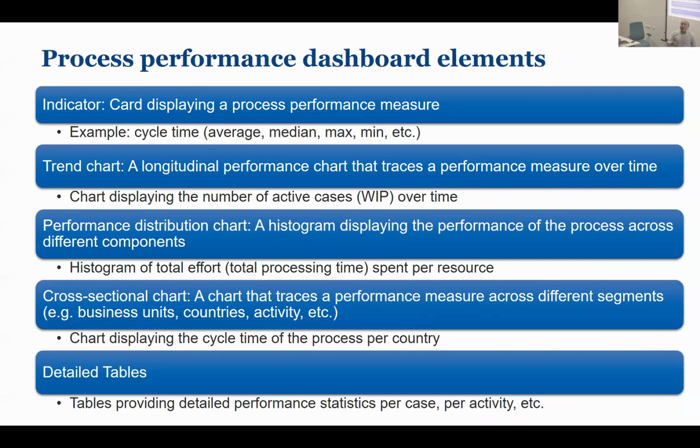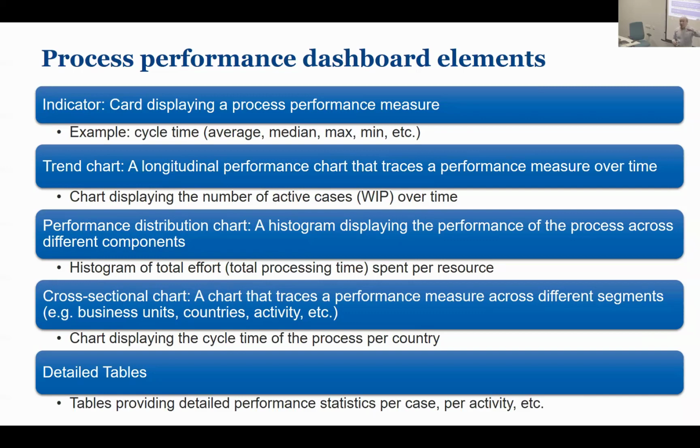Typical ones are cards, like boxes, that give you some performance indicators, like the average cycle time, the median cycle time, the maximum cycle time, the minimum cycle time of the process across all cases. Then the tools can give you trend charts.